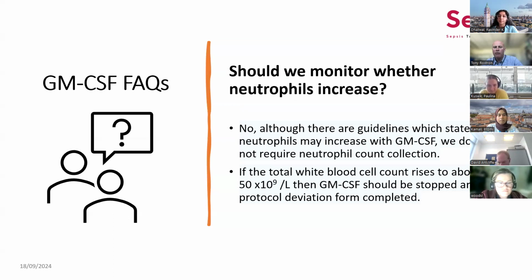You'll remember from the initial eligibility criteria that a total white count of 50 times 10 to the 9 per litre was an exclusion criterion, and should a patient's white cell count rise above this threshold, then the IMP should be stopped.